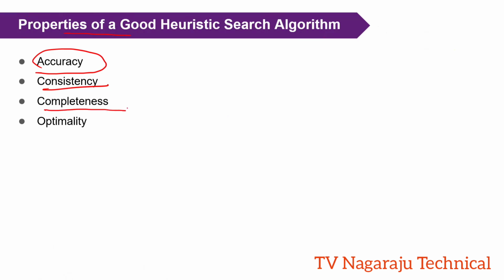And completeness. Completeness means for the given problem, if a solution exists, it compulsorily needs to find the solution. Optimality, that means the algorithm should guarantee that the path it finds is optimal or near optimal by balancing efficiency and accuracy. These are the main properties of heuristic search.